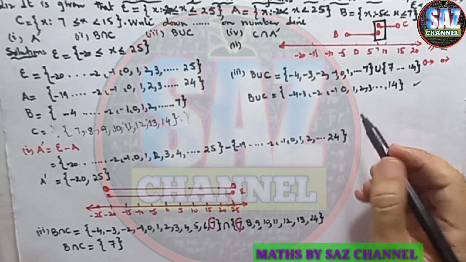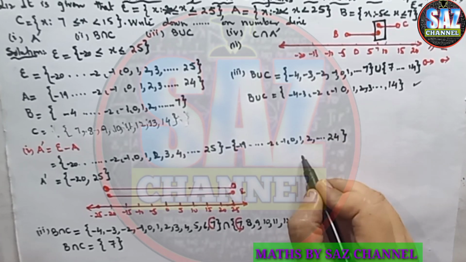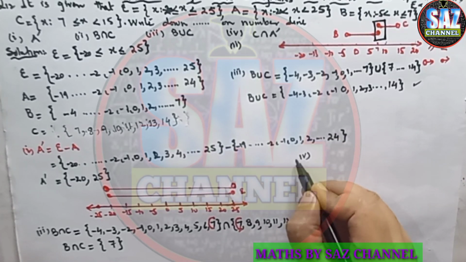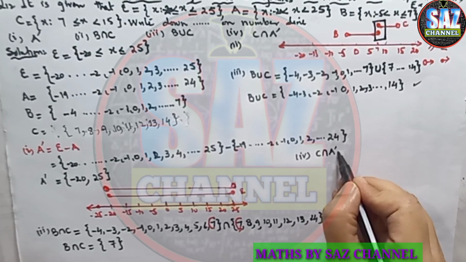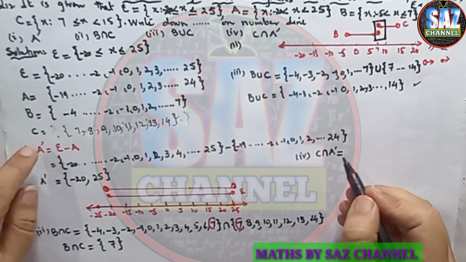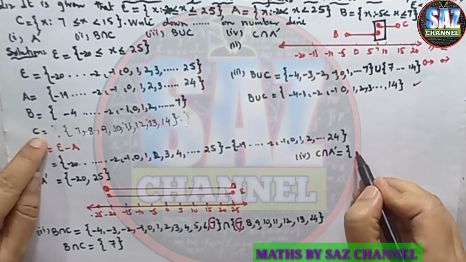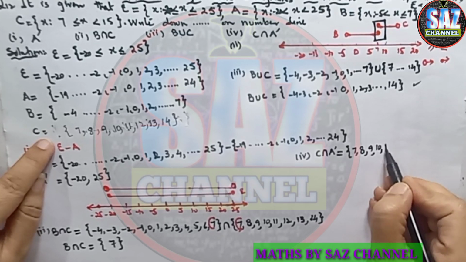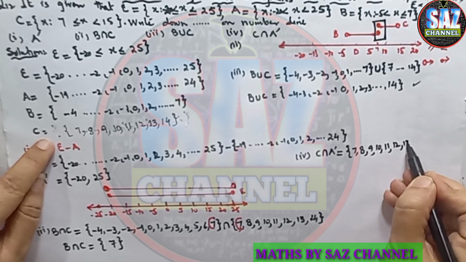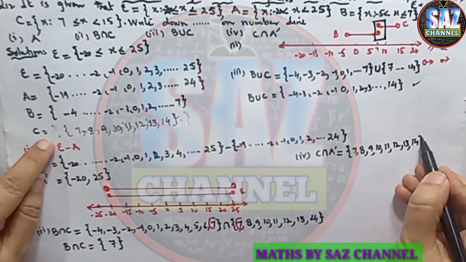Now moving to the last part of the question, that is the fourth part, C intersection A complement. Set C has the elements 7, 8, 9, 10, 11, 12, 13 and 14.